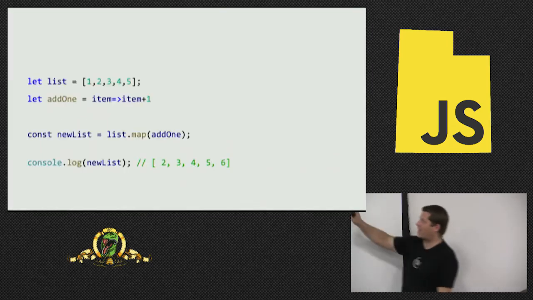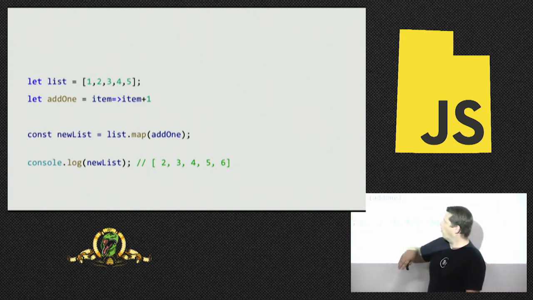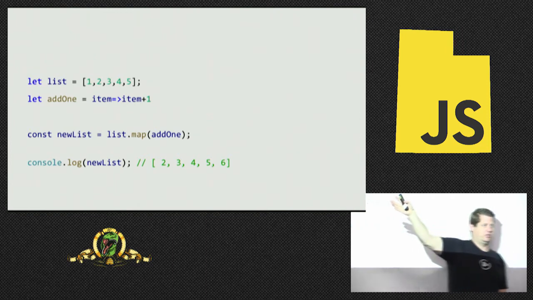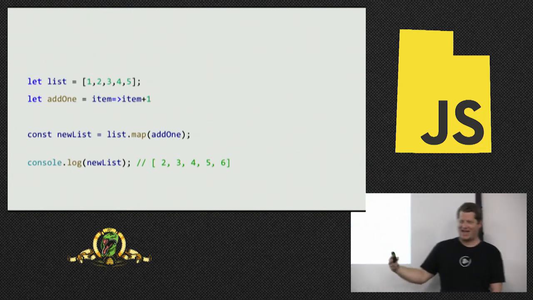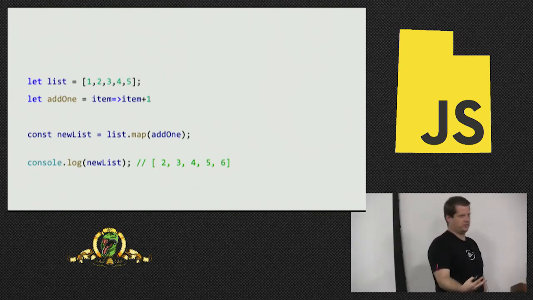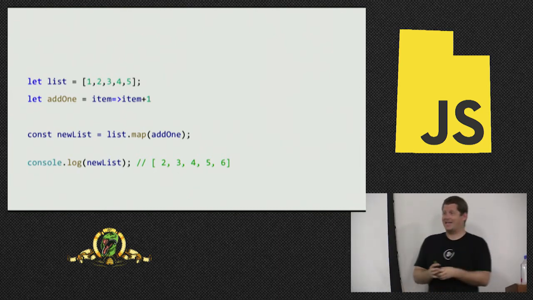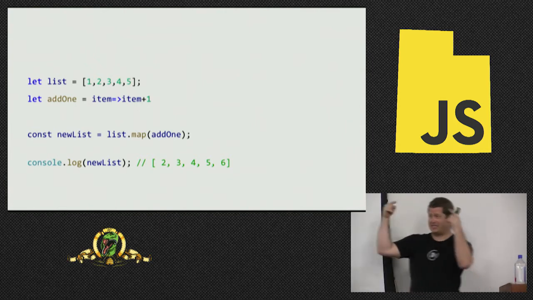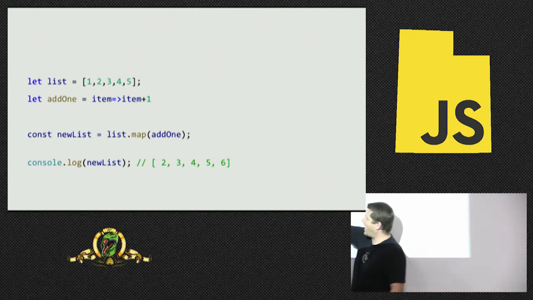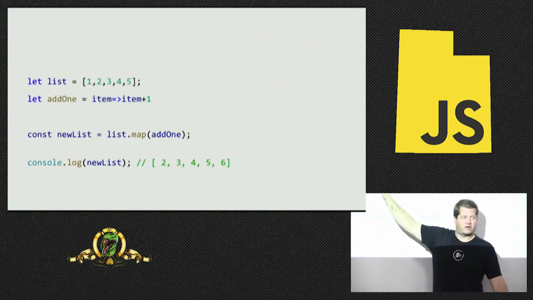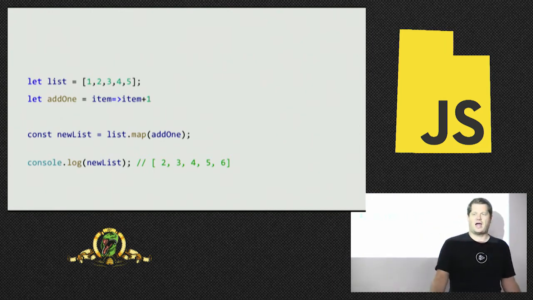Now, when I say it enforces options, here's what I mean. So list.map, what if I don't want list to change? If list.map changed list out from underneath me, and I didn't want it to change, I would have to make a copy of it up above. And you can't just do equals, because that's still the same thing, and so it would still change the whole thing, right? So I have to actually do a full-blown copy, and then I run map and all of this stuff, and I don't want to do any of that.